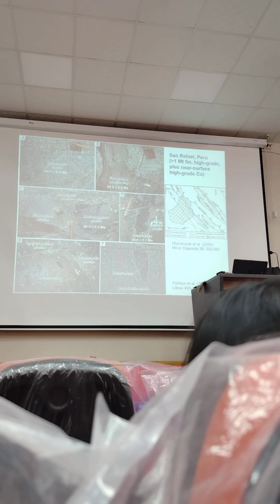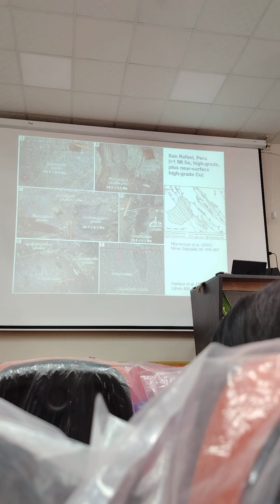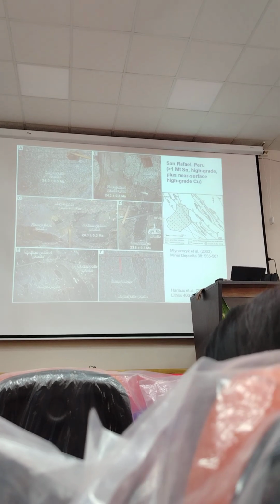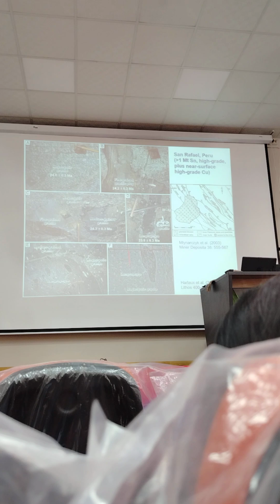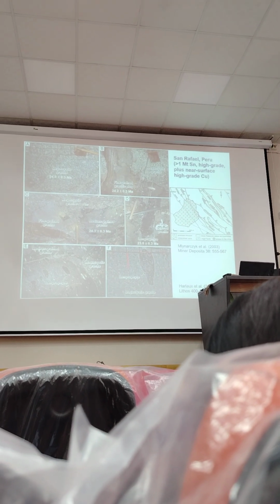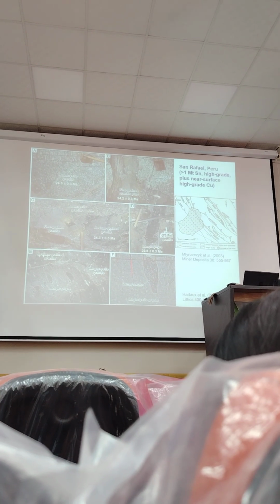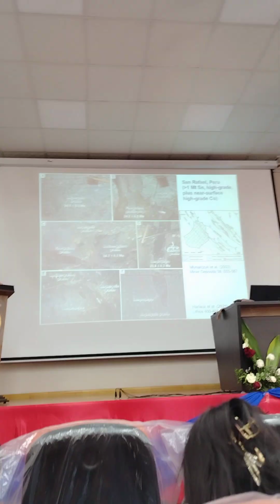And then you have fine-grained material going in here, so aplitic. It's the same age. So here you have again the megacrystic granite, and you have a medium-grained granite, and you have fine-grained granite. Then you have, this is also interesting, a lamprophyre, which is cutting through the granite.